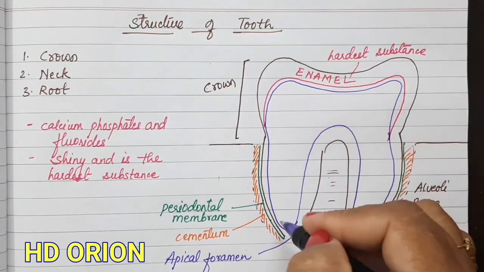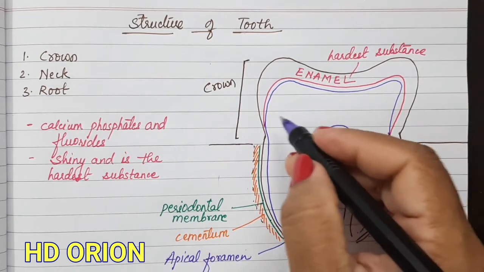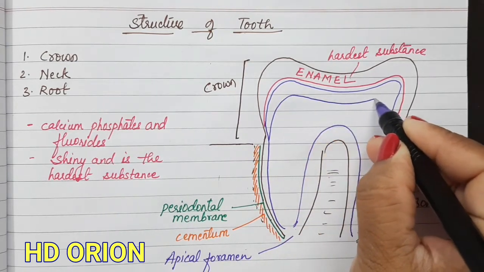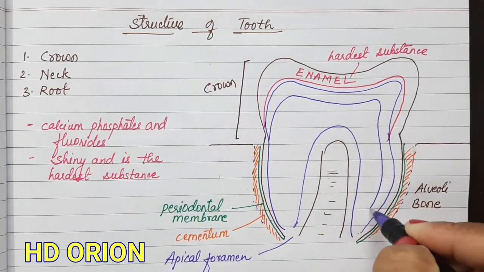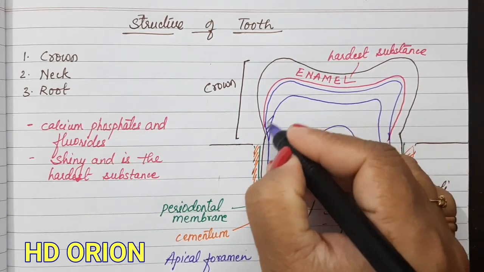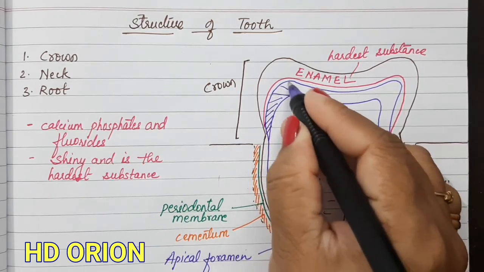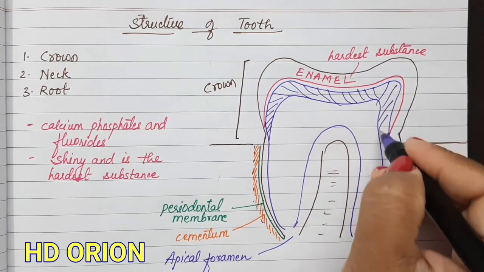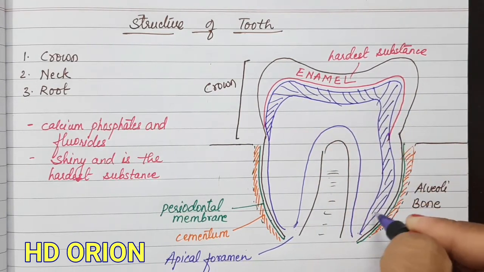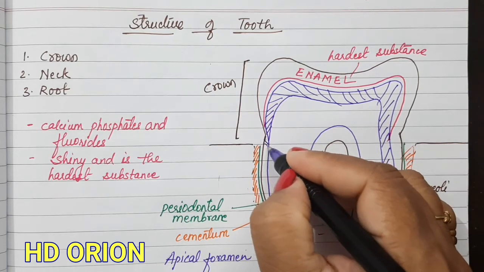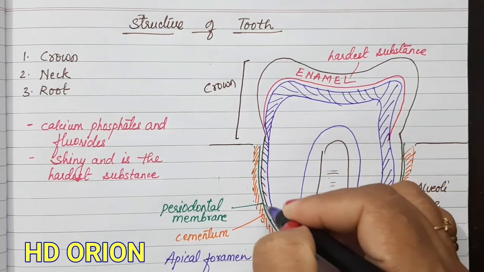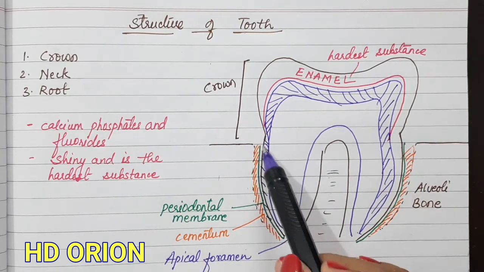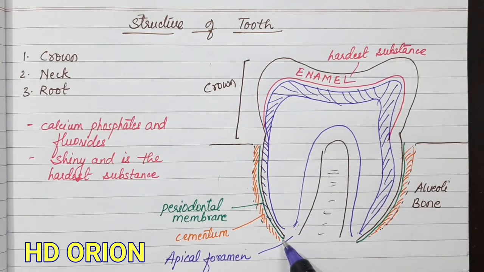This all that I have made is the dentine. So dentine is thick, this part in the blue is the dentine, and you can see that it is present both in the crown region as well as below.